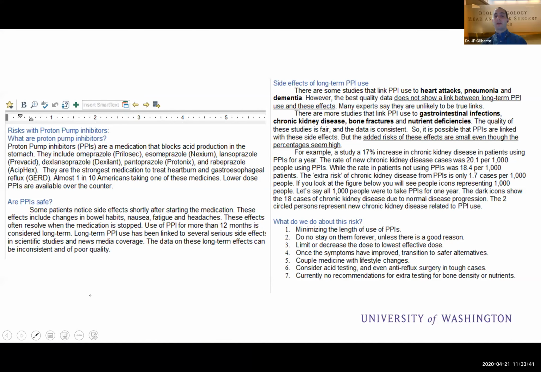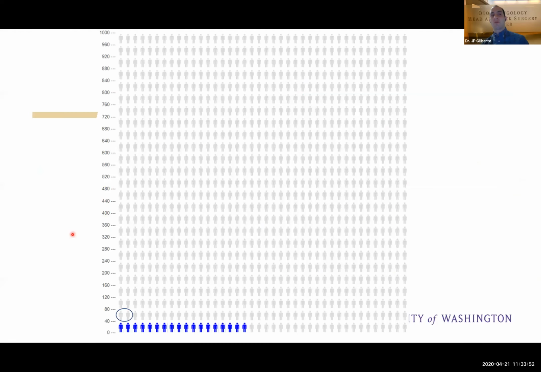I do have a little smart phrase, for those of you who know me, know that I love EPIC. I have my own little patient education information, along with a patient array, which is a tool that helps in shared decision-making to help patients understand absolute versus relative risk. This is 1,000 patients, taken from the chronic kidney disease literature.